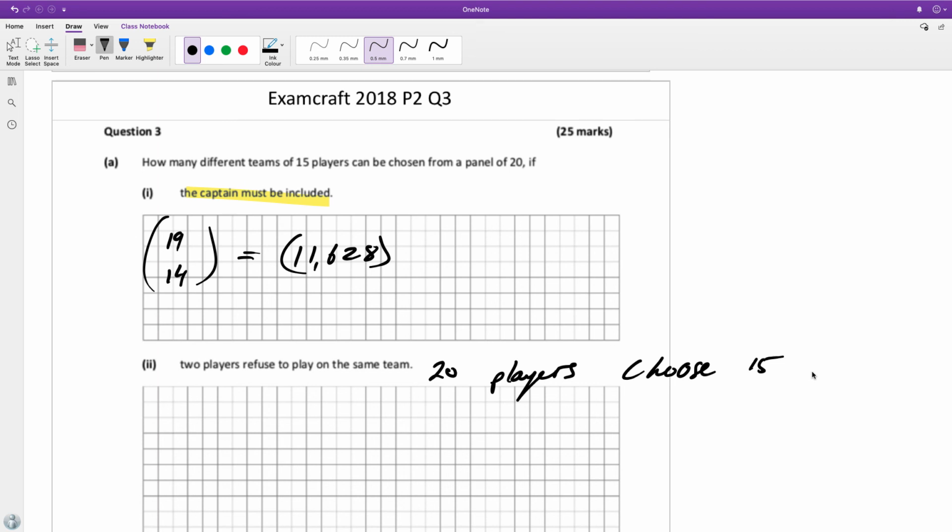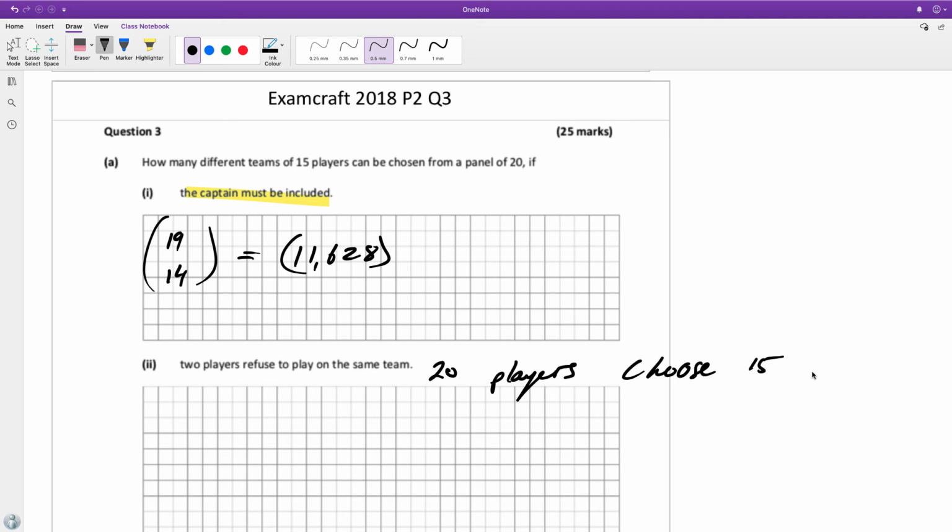This is very like a probability question. The formula for the probability of at least once is 1 minus none. So if you think about it, 20 ways to choose 15 players.